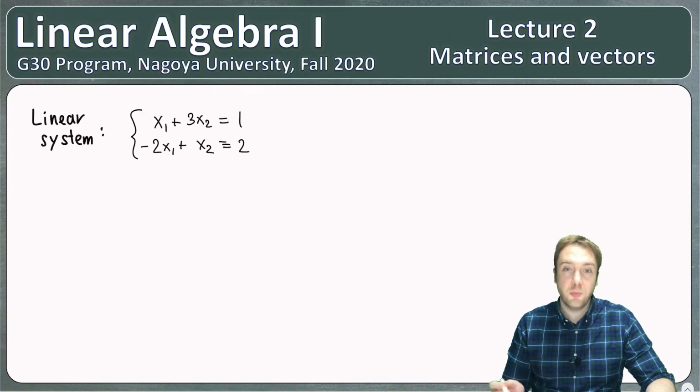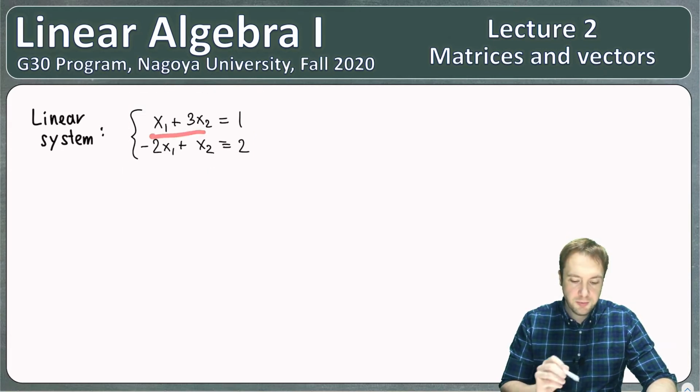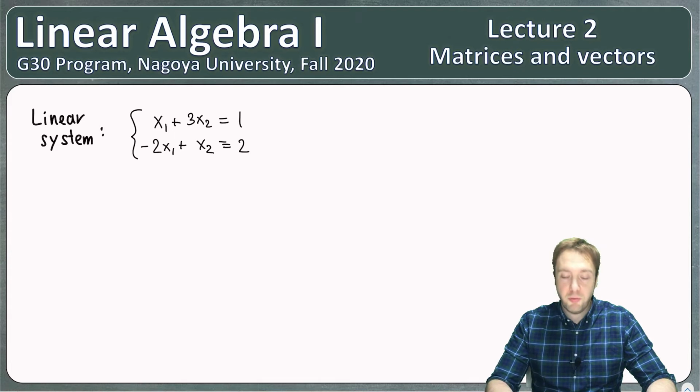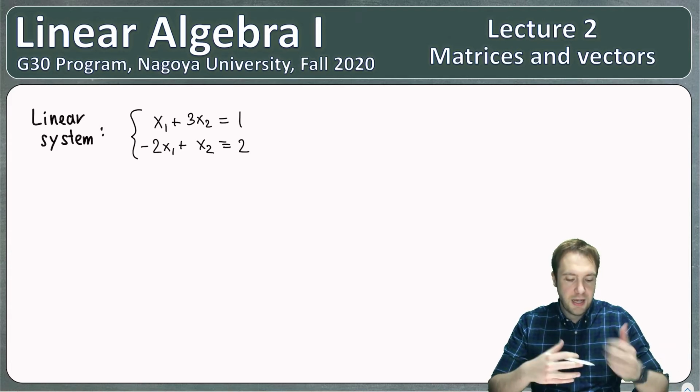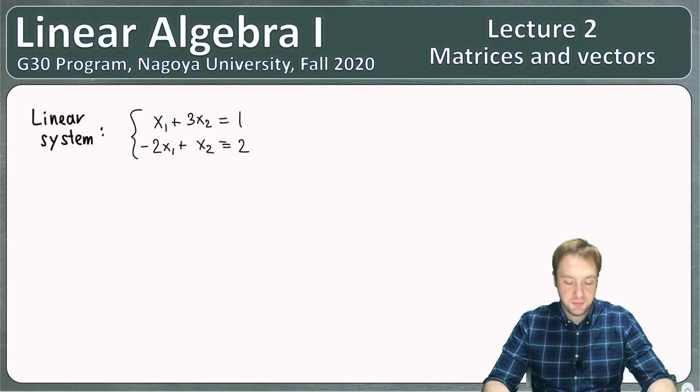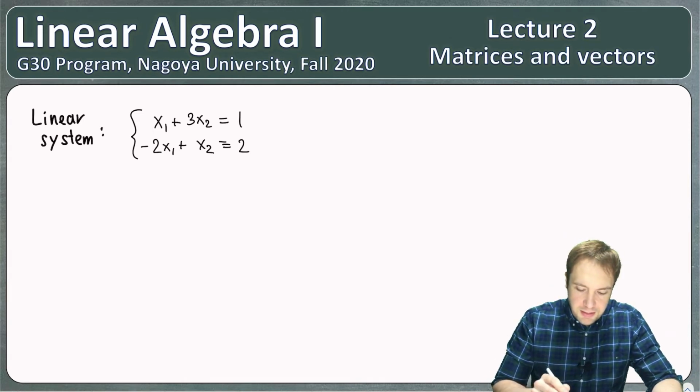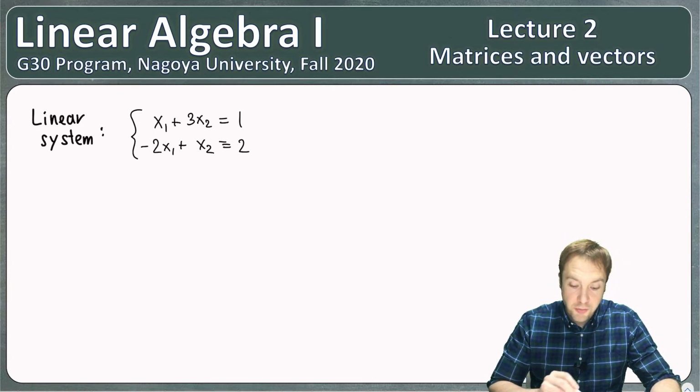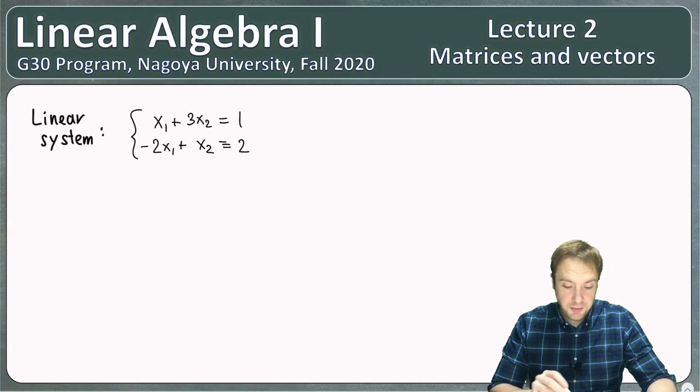So here we have two equations with two variables, and then we learned how to solve such a linear system by using these elementary row operations, which were given by adding one row to another or multiplying a row with some factor. And today we want to rewrite these by using matrices and vectors.